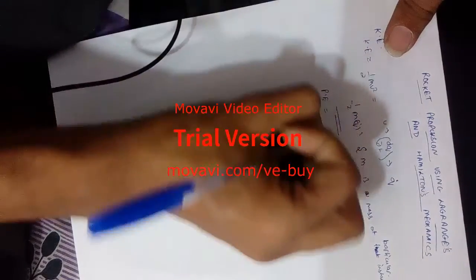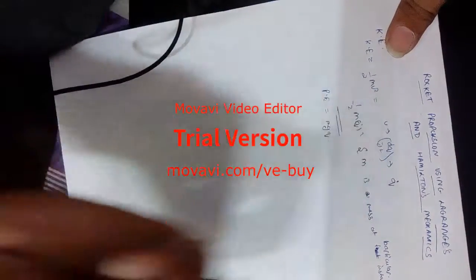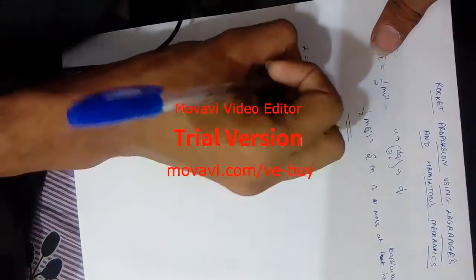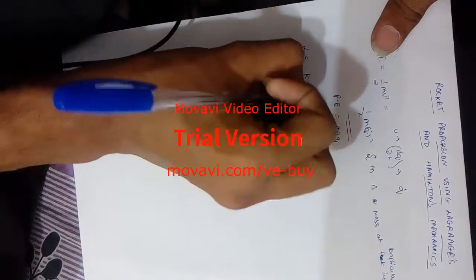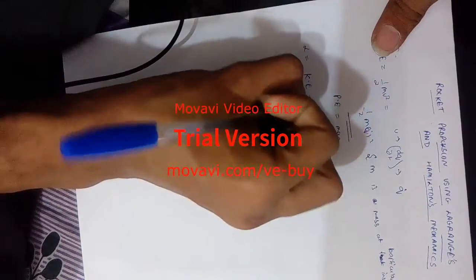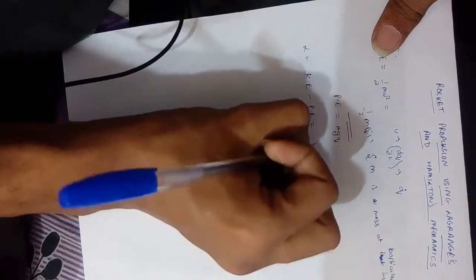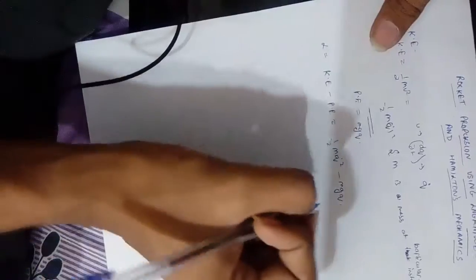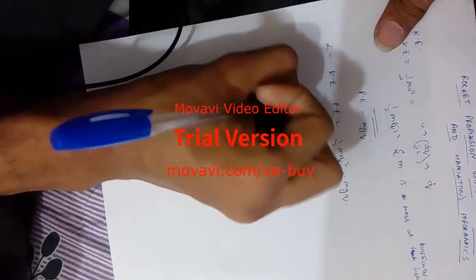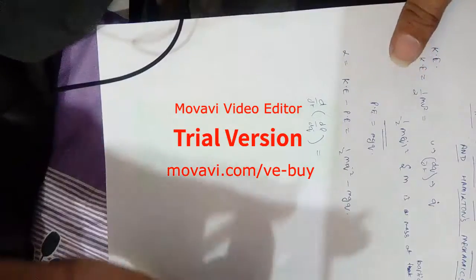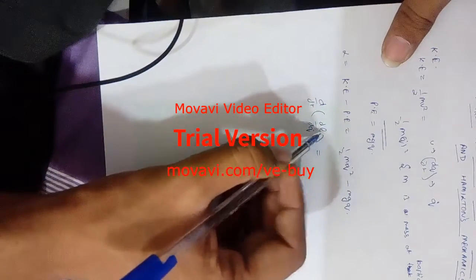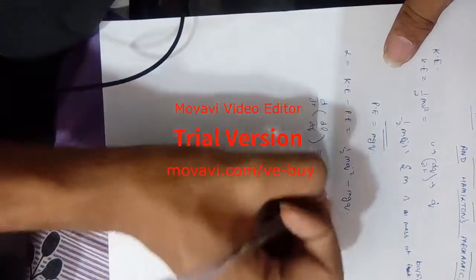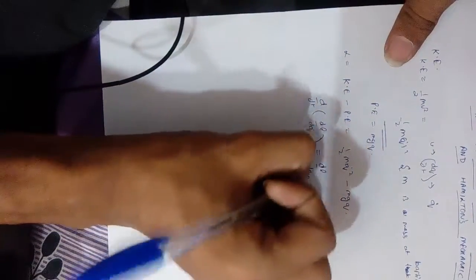Potential energy equals m into g into q. So the Lagrangian can be written as L equals kinetic energy minus potential energy, which equals half m q dot square minus mgq. Now from the Lagrangian equation we know d by dt of dL by dq dot equals dL by dq.